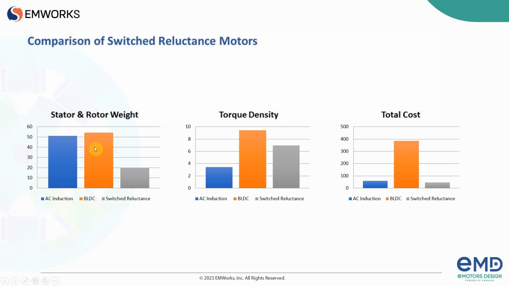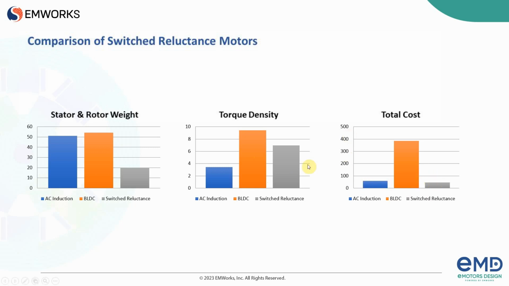The BLDC motors have permanent magnets on the rotor, and induction motors have a winding or a squirrel cage in the rotor. Brushless DC motors have the highest torque density amongst these machines, and of course the total cost of brushless motors is much higher than the two other categories.